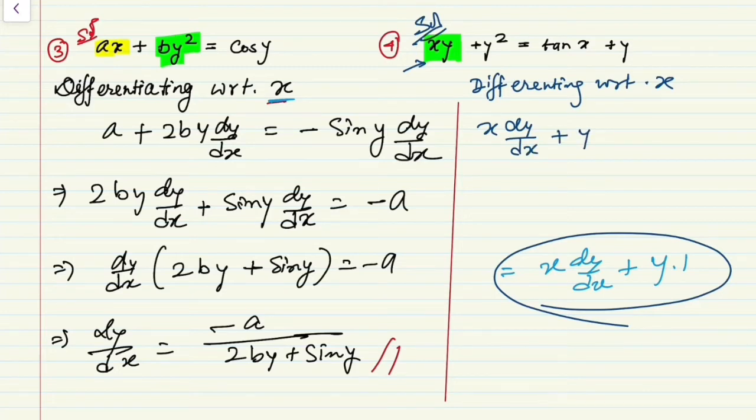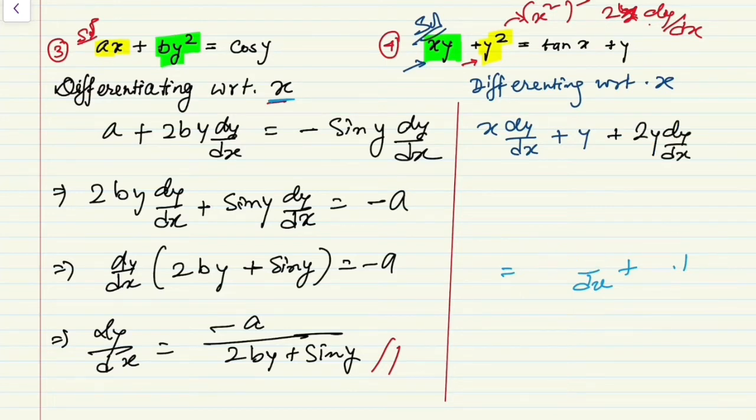Now here you see the derivative of y square. Assume this one as x square, and the derivative of x square is nothing but twice x. As there is y, there will be twice y dy by dx.